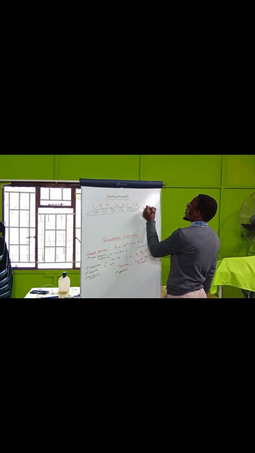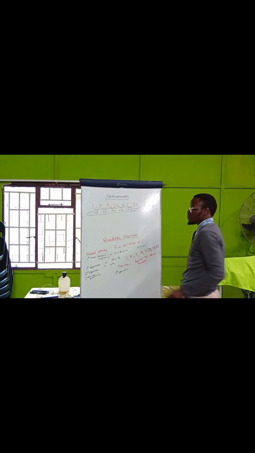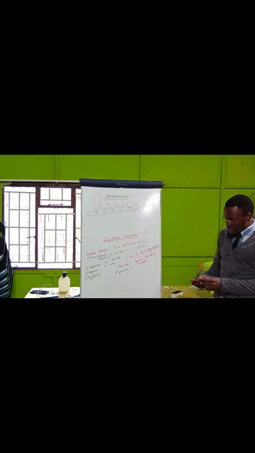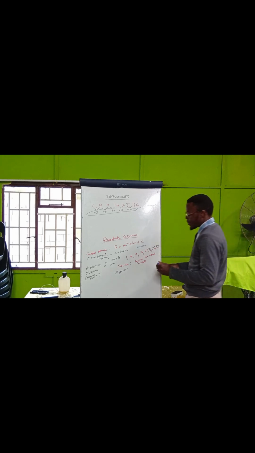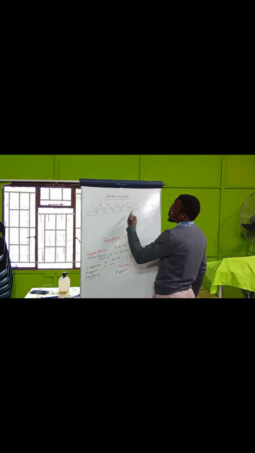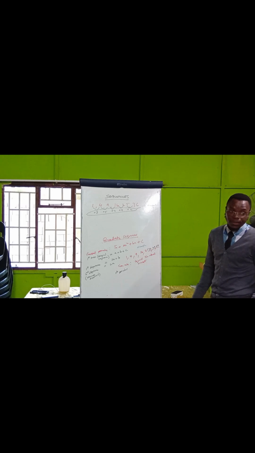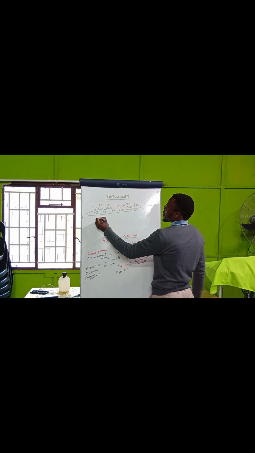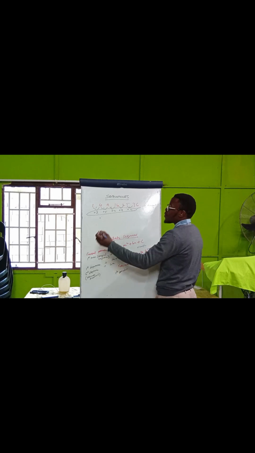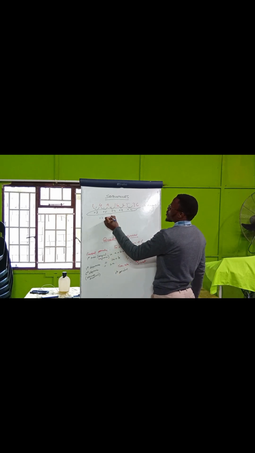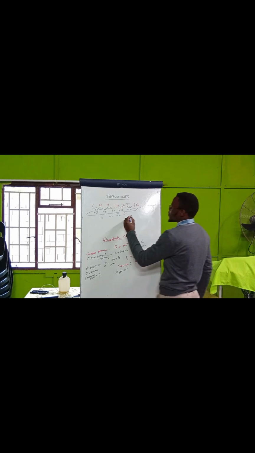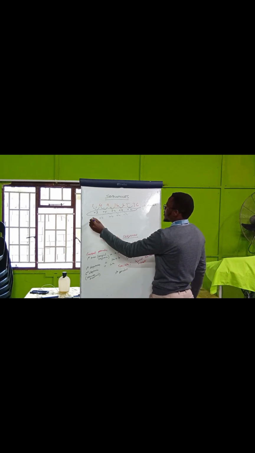This first difference is not common because they are different numbers. So we are simply forming a new sequence of numbers. Then the difference between these will give us positive 2, positive 2, positive 2, positive 2. So in the second difference, this is what you call a common difference.